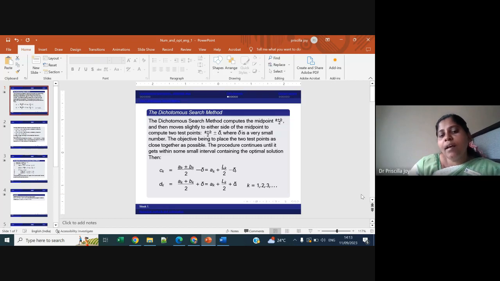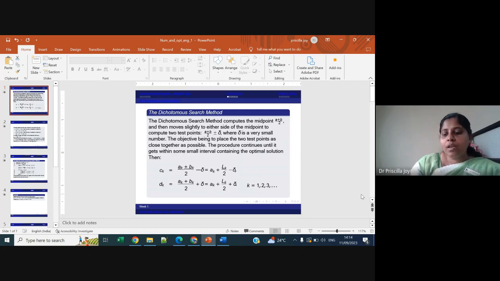Here bk is alternately written as lk, the previous value, so ck is (ak plus lk) divided by 2 minus delta. dk is the same term plus delta. So we will be incrementing with the help of the delta value towards the right, as well as moving towards the left.